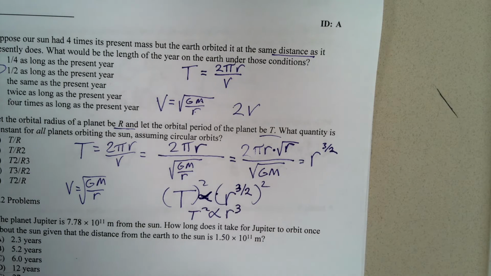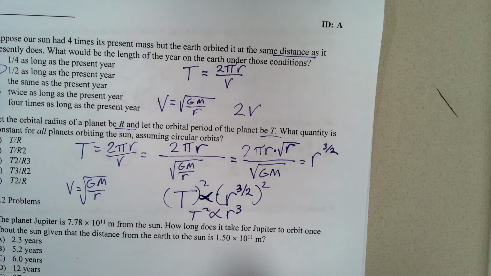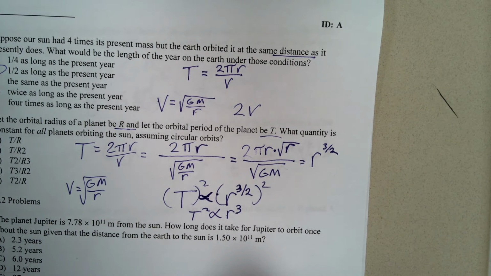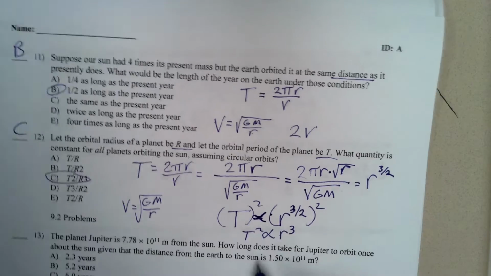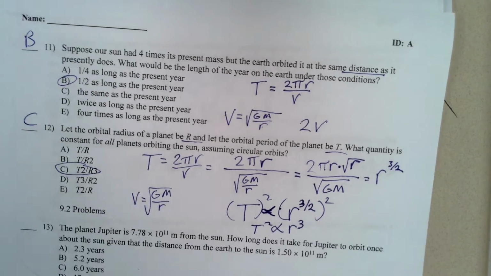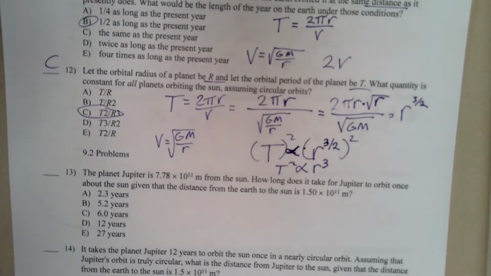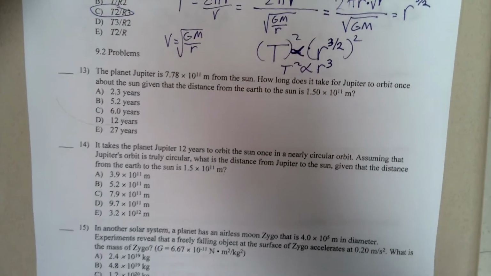So T squared over R cubed would give me a constant relationship. So that's going to be C. That one I would probably say is exceptional in its difficulty level.